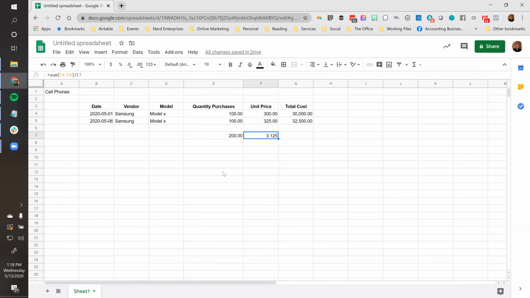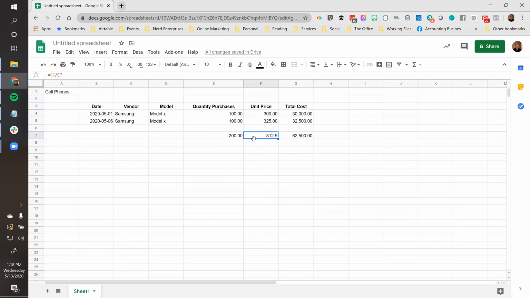I did that wrong. Backing up. The total cost is this. Okay, so the unit price is going to be based on the total cost divided by the total quantity. So our average cost per unit is $312.50.